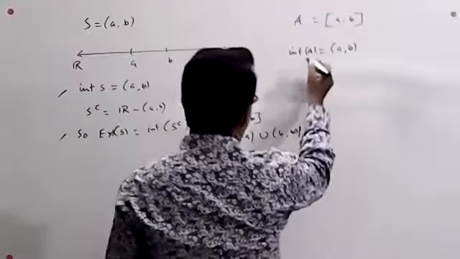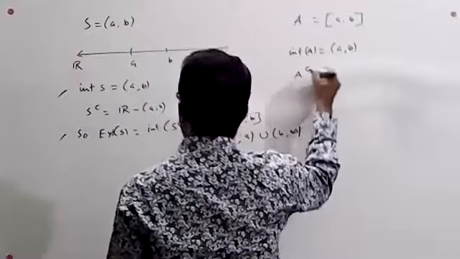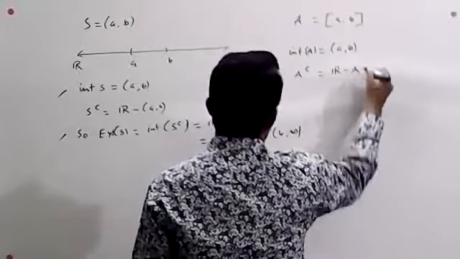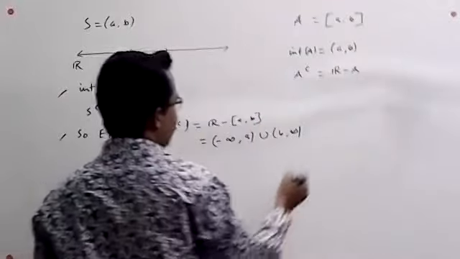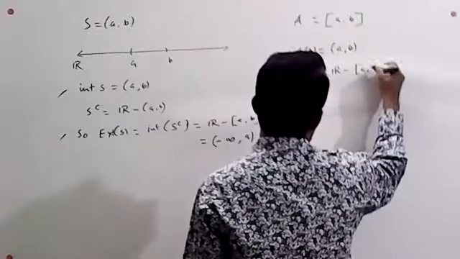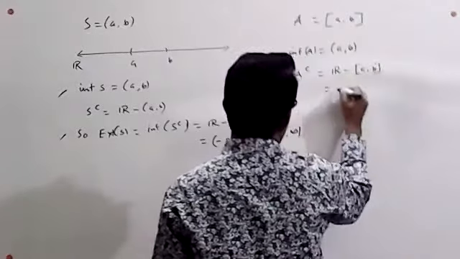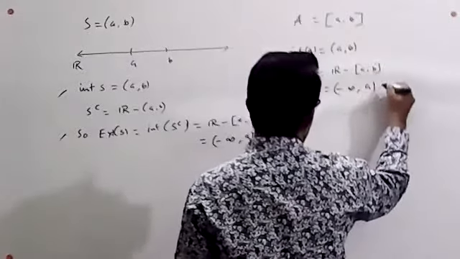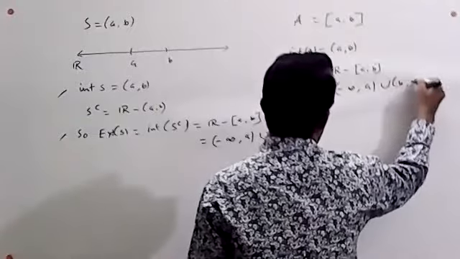And here, complement of A equals R minus A. That is, R minus a closed interval AB, which is minus infinity to A union B to infinity.